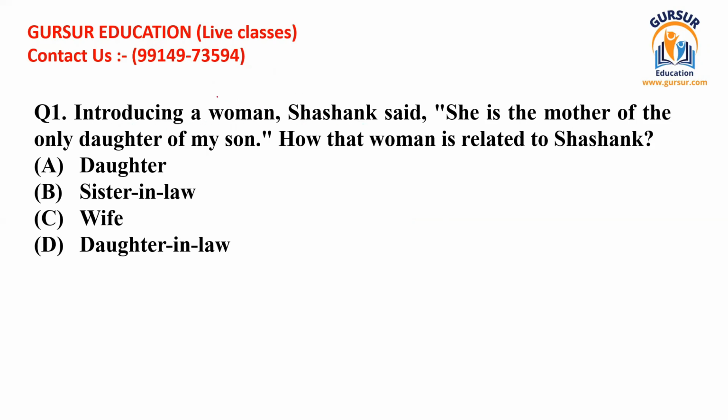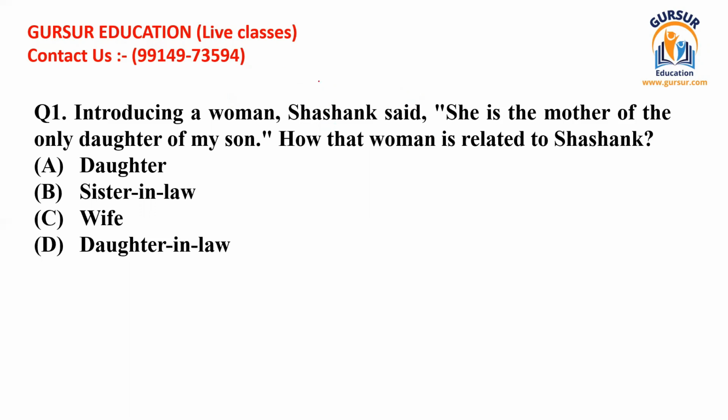So here are two parties. The first party is a woman, and the second party is Shashank. Shashank is the party who is saying something about that woman. So first of all, there shall be two parties. You shall start your question by finding the first two parties. That should be your proper strategy.